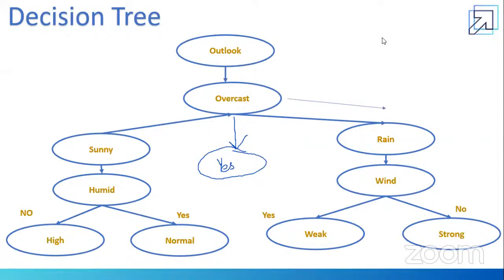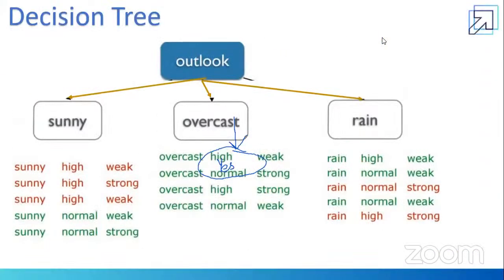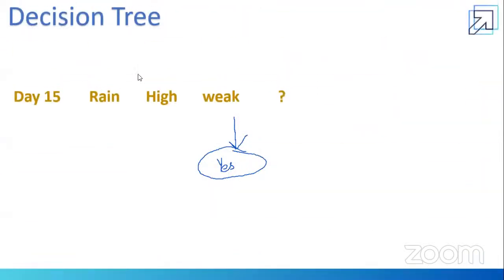Now we had an example, right? What is that example? We have to tell for rain, high and weak.